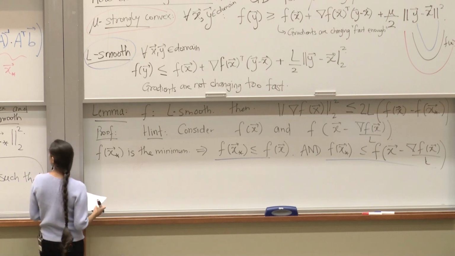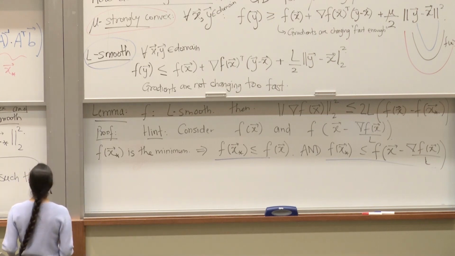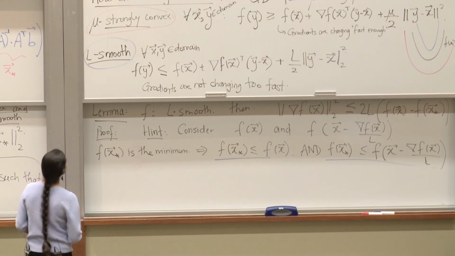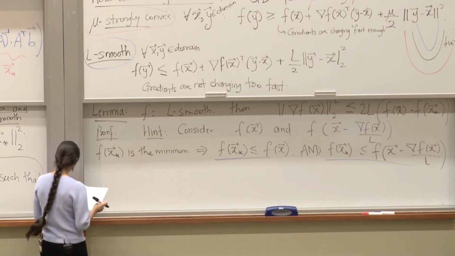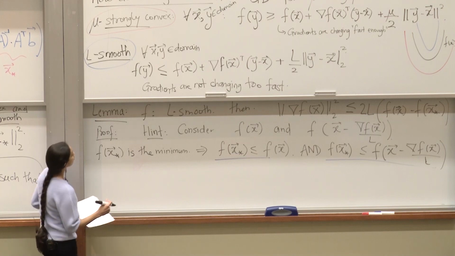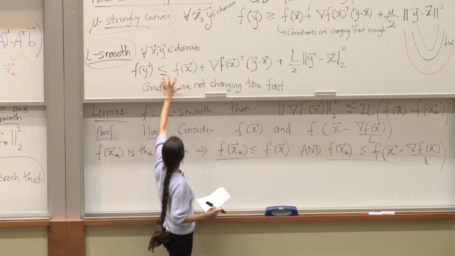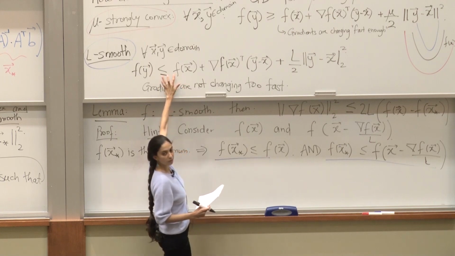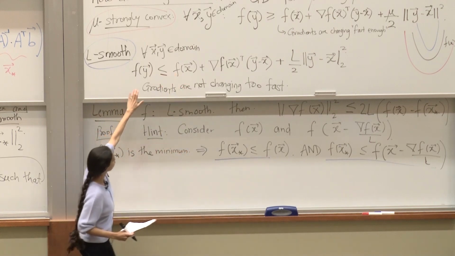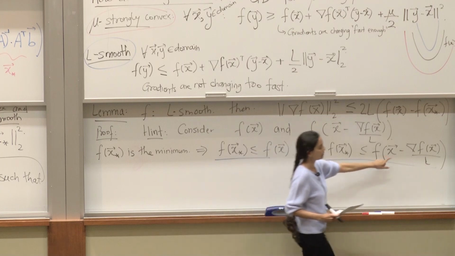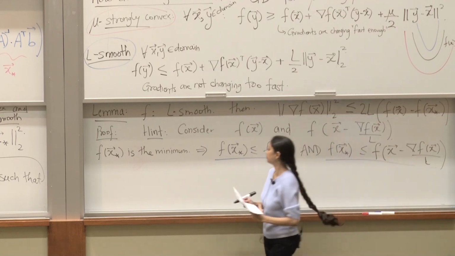Okay, where should I write? I'll just keep going here. We have this L smoothness condition that connects two points x and y. I'm going to choose y to be equal to this thing.